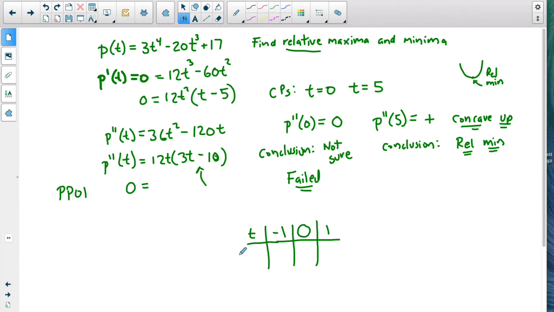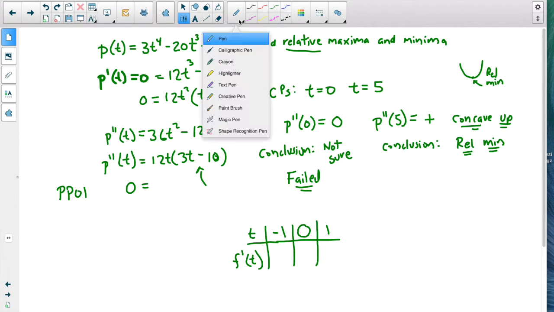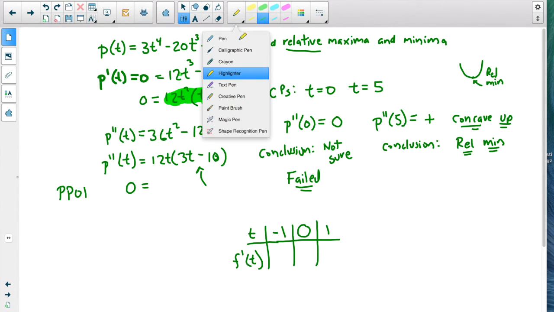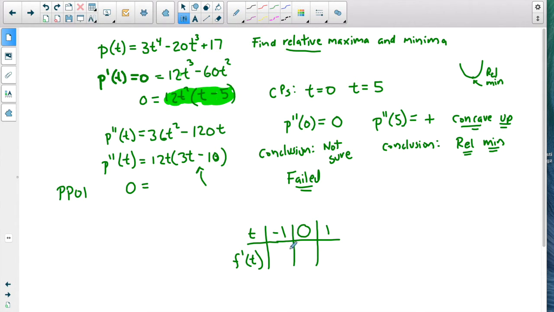And then I'm going to just plug into f prime of t, and we're going to see what we get. So remember, back to the first derivative test, which is to plug it into here. Again, I'm going to use the factored version, which is nice. When you plug -1 in, I get -6, and this is +1, so 12 times -6, I get a negative number.